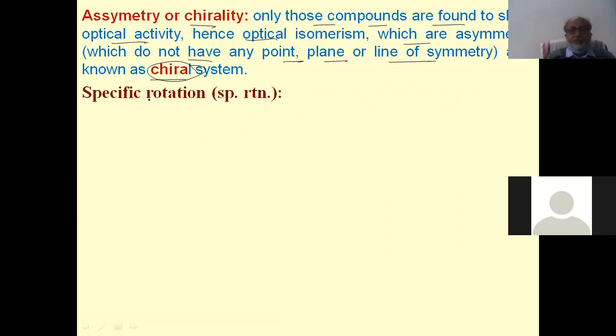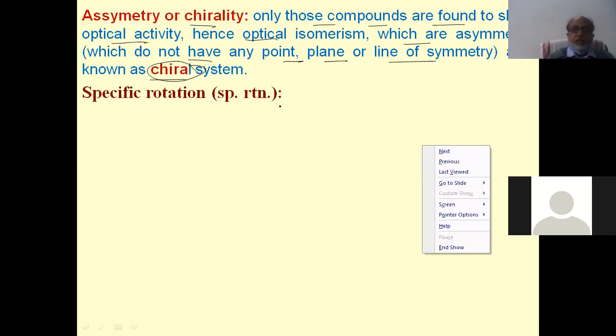Now, if it is optically active, we know that it is going to be either dextrorotatory or levorotatory. If it is dextrorotatory, it rotates the plane polarized light towards right, or if it is levo, it rotates towards left.